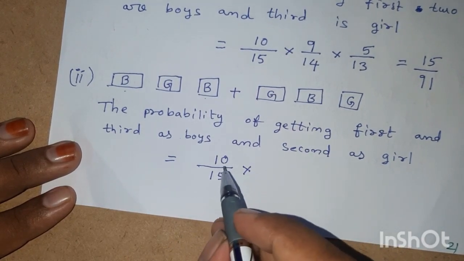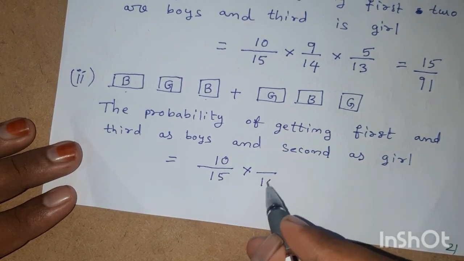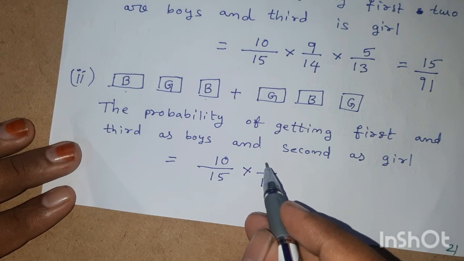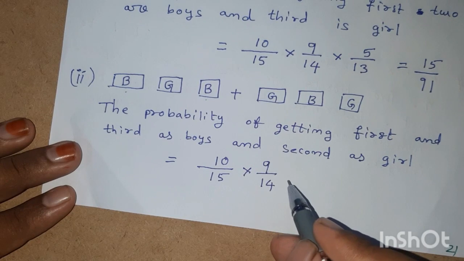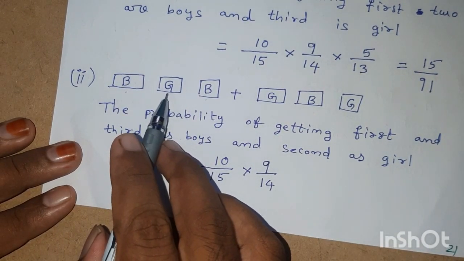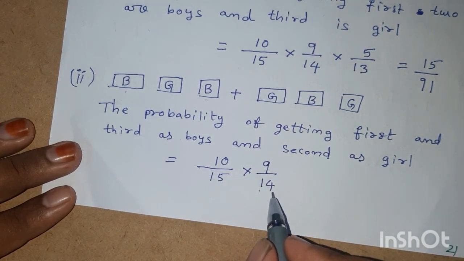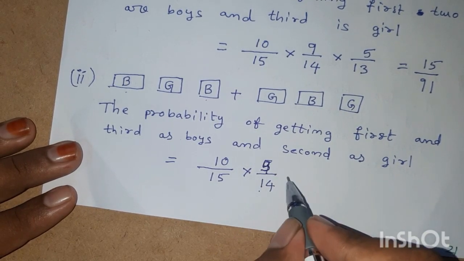Into, already we have chosen a single boy, therefore there are 14 students among 15, and 9 remaining boys. Second one must be a girl. Among these 14 students we have to select a girl, and 5 girls are there, therefore 5 possible ways are there.